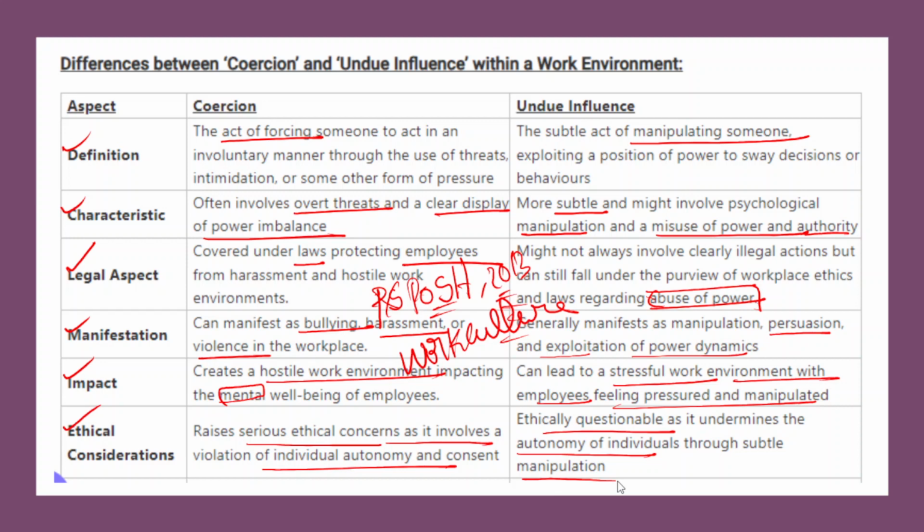However, when it comes to the conclusion, whenever you are writing a conclusion, you have to emphasize work culture. You have to emphasize a robust work culture in an organization. A robust work culture is free from coercion, and it is also free from undue influence.